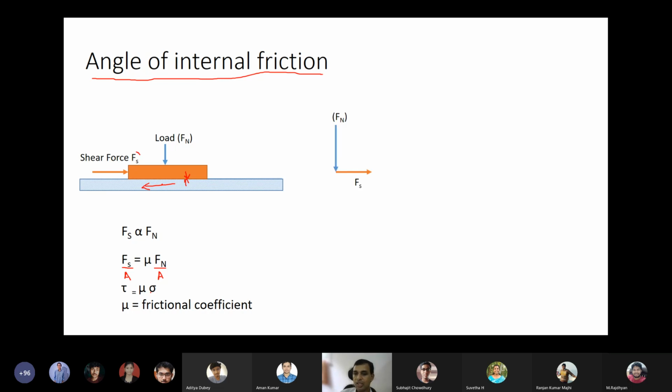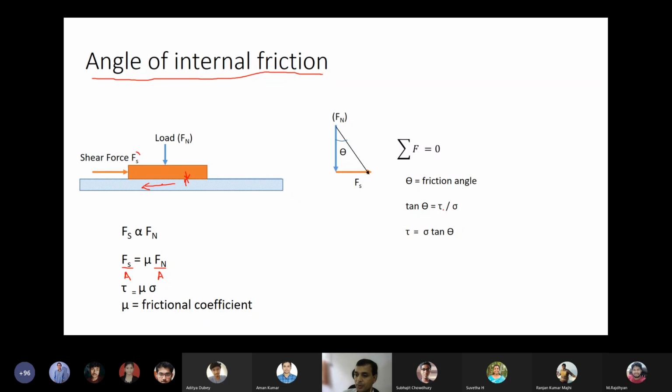Now we have taken the same forces, normal force and shear force, and we know that at equilibrium the sum of the forces equals 0, whether in the clockwise or anti-clockwise direction. So obviously this will be the clockwise force, then this will be the angle. Then we can also define the friction angle: tan theta equals Fs by Fn.